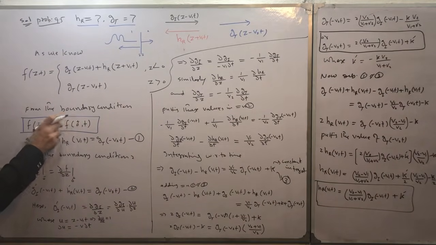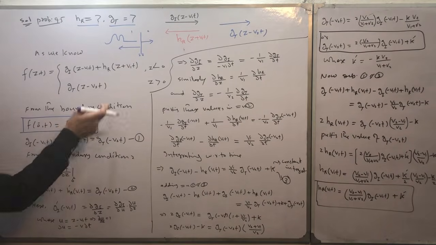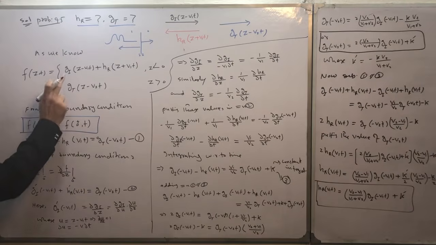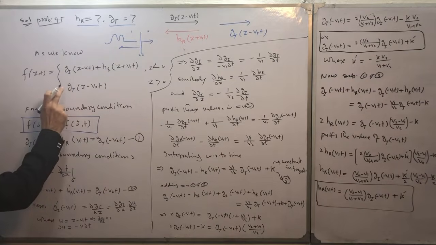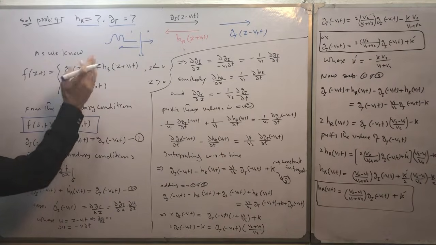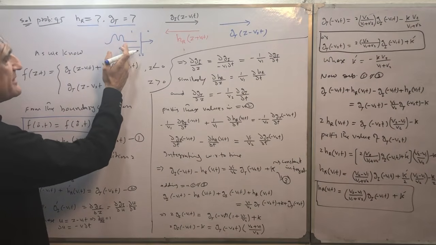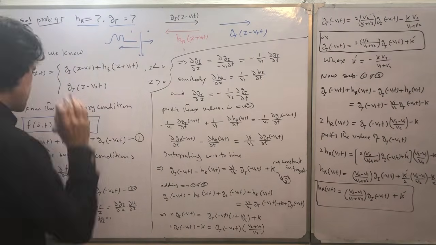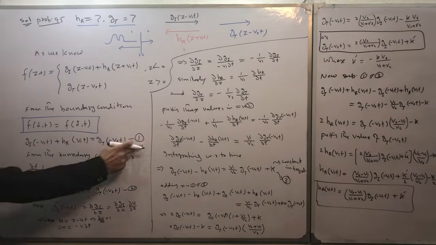Using this boundary condition, z equal to 0 at minus and z equal to 0 at plus, if we put in the values, this will be equal to this. It means that the incident wave plus the reflected wave equals the transmitted wave. So this is the required result 1.